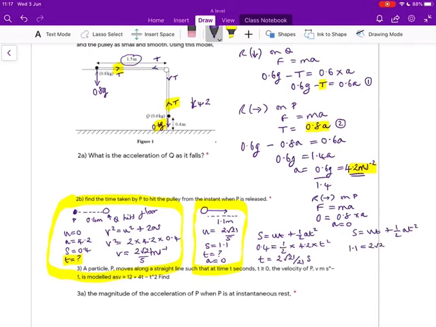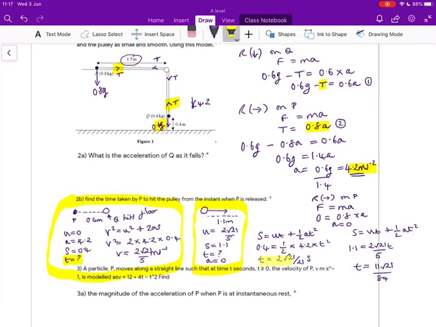The initial speed is 2 root 21 over 5 times t, and then plus half at squared. Well, if a is 0, that term is going to be 0. So if we divide 1.1 by 2 root 21 over 5, that should give us t as 11 root 21 over 84.